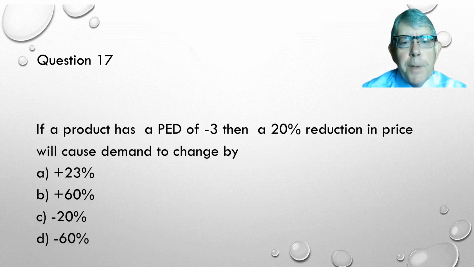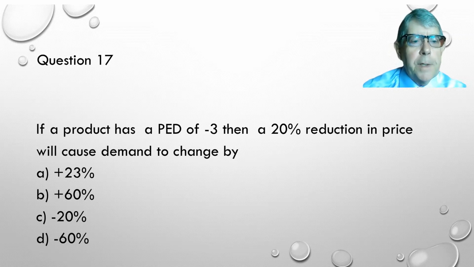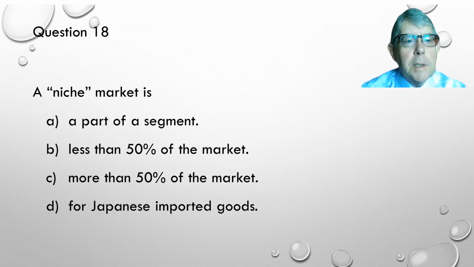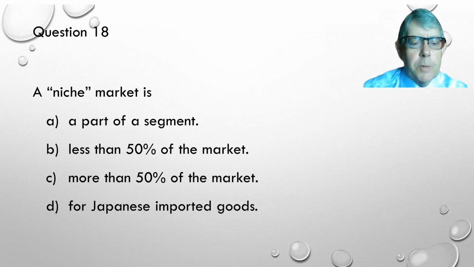If a product has a PED of -3, then a 20% reduction in price will cause demand to change by A, 23%, B, 60%, C, -20%, or D, -60%. Question 18. A niche market is A, a part of a segment, B, less than 50% of the market, C, more than 50% of the market, or D, for Japanese imported goods.